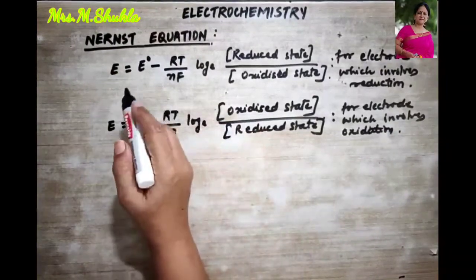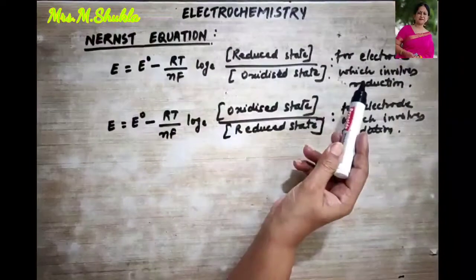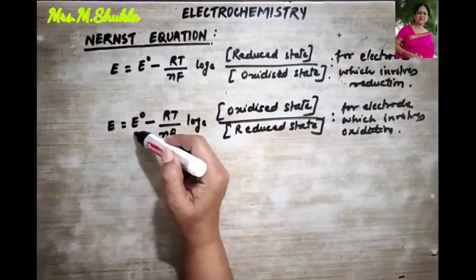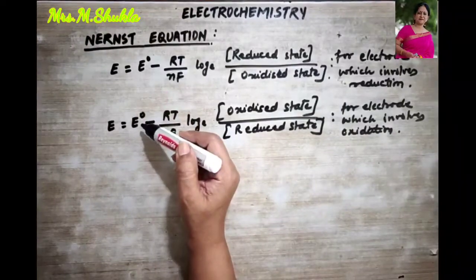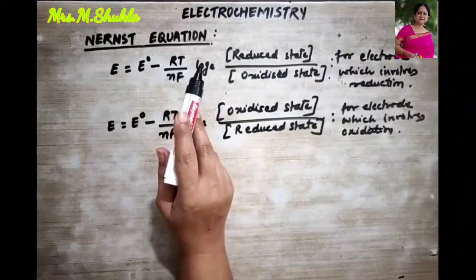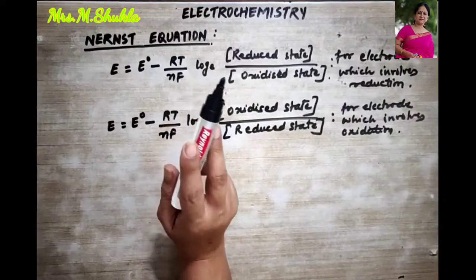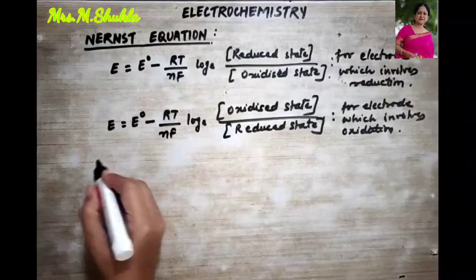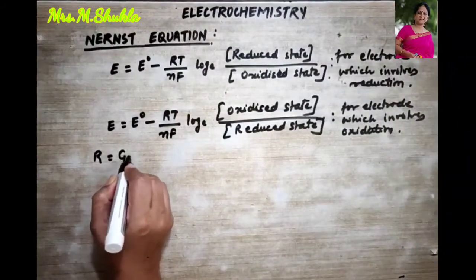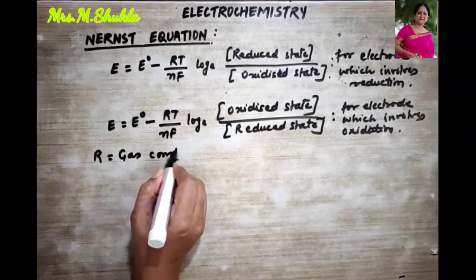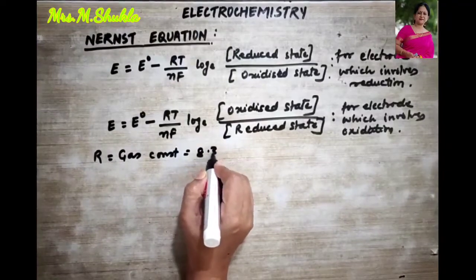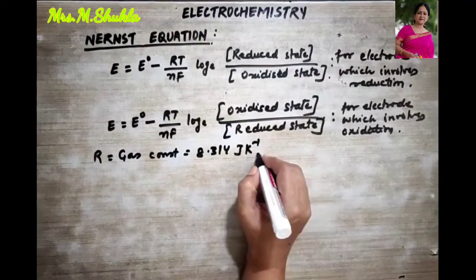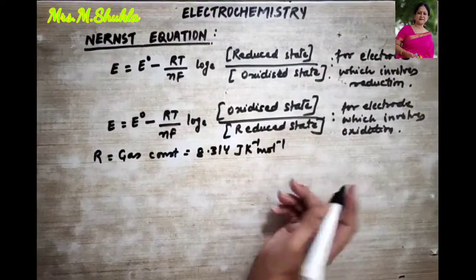So let us understand what is E. It is either your reduction or your oxidation potential, right? E naught is the standard reduction potential of the same electrode assembly, right? Then what is your R? It is the gas constant. What is the value of the gas constant? The gas constant value is 8.314 joules per Kelvin per mole, right?